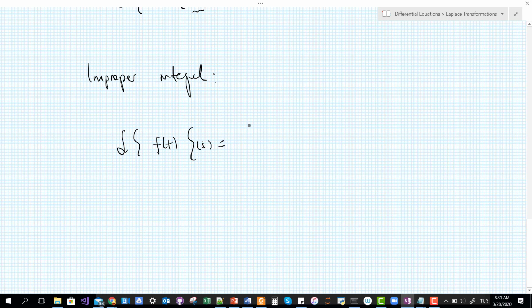If you notice, the integral was an improper integral, and if you remember from the Calculus 2 classes, an improper integral can be expressed in this way. The Laplace of my f of t, which I gave in this way, is the integral from 0 to infinity of e to the negative st, f of t dt.